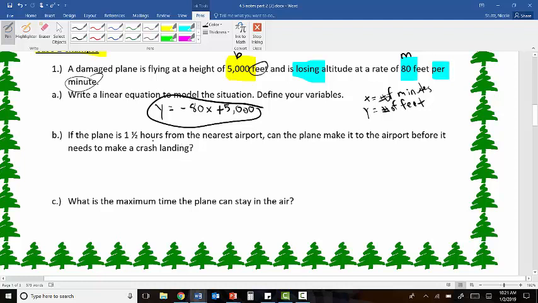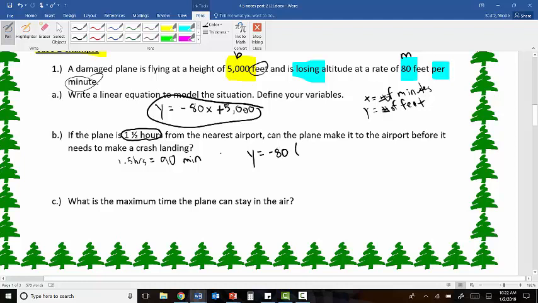So here's where we need to be careful. The first thing I would do is take a look at this. It says hours, but we're dealing with minutes. So the first thing I would do is change 1.5 hours to 90 minutes. Then I would just use this 90 minutes in the formula and see if that can help me answer the question. So we're going to use negative 80.